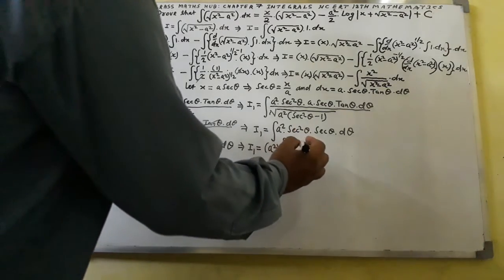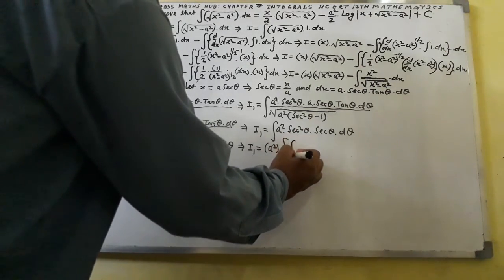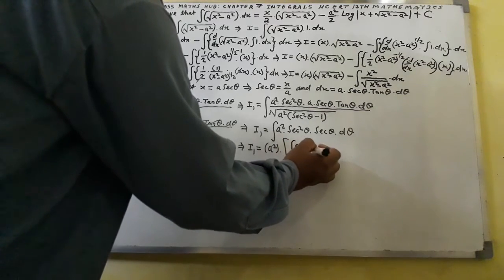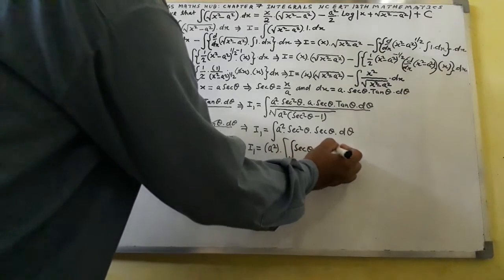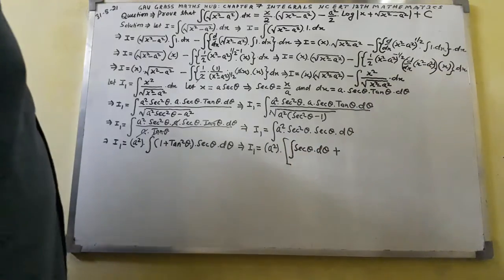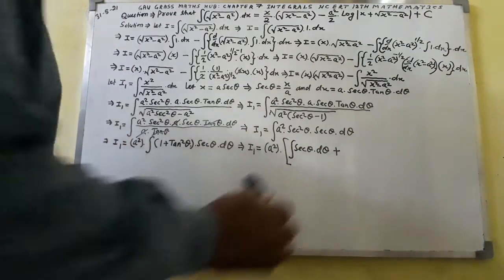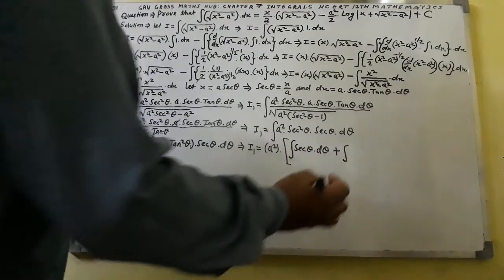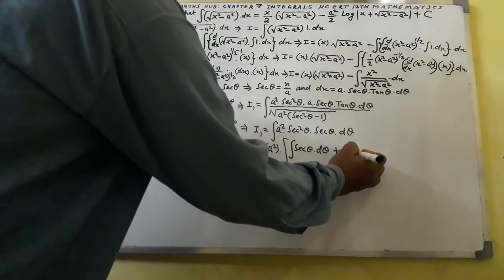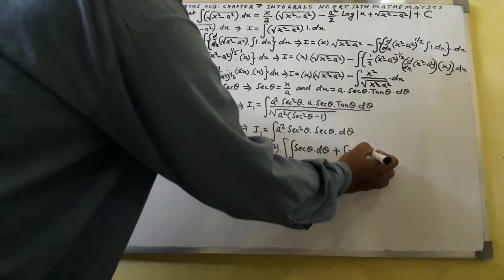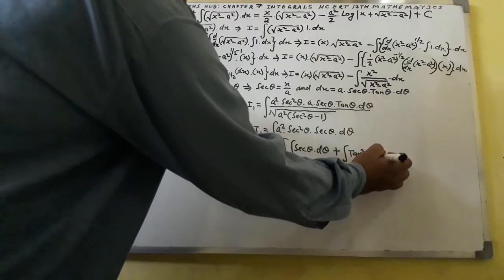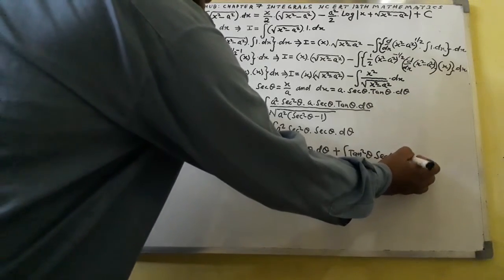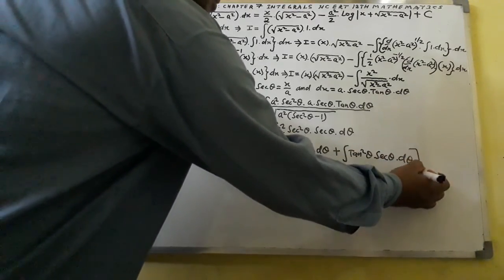You will get here integral sec theta dot d theta plus integral tan square theta dot sec theta dot d theta. We shall get this thing.